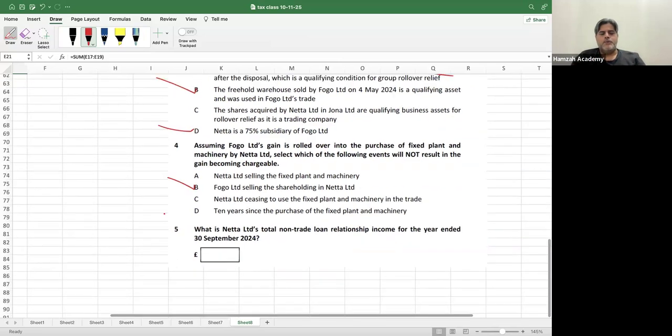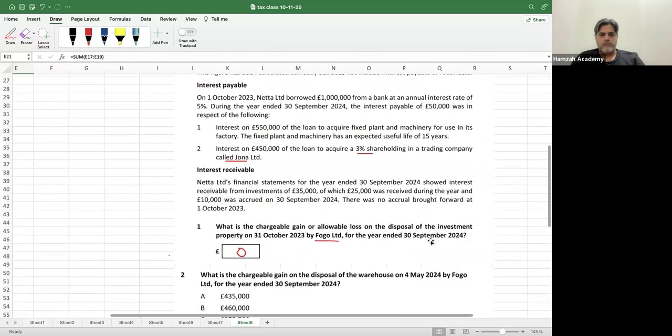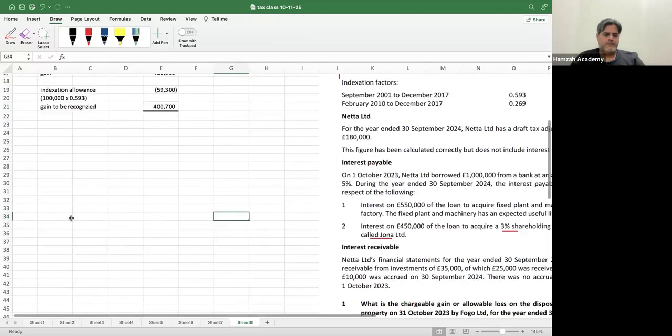right? Then point number 5 is, what is Nita Limited's total non-trade loan relationship income? We have interest payable and interest receivable over here. We have the interest receivable of 35,000.